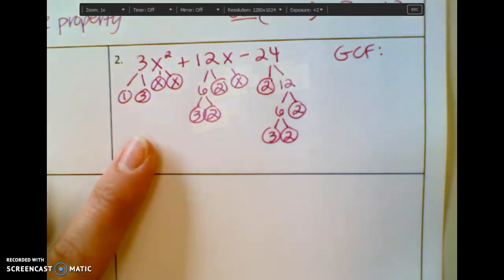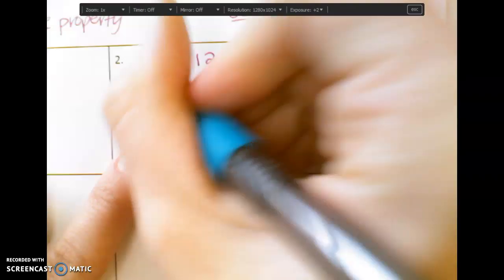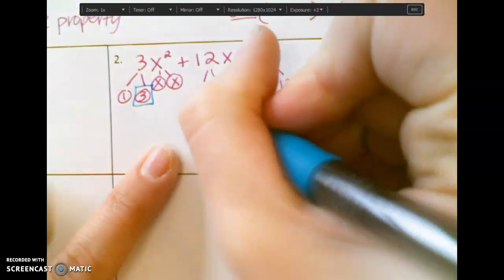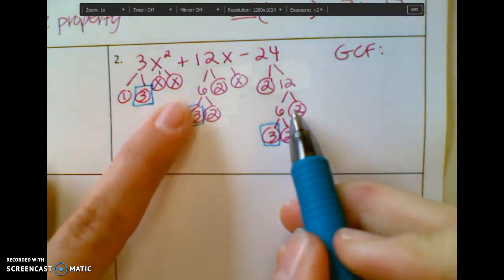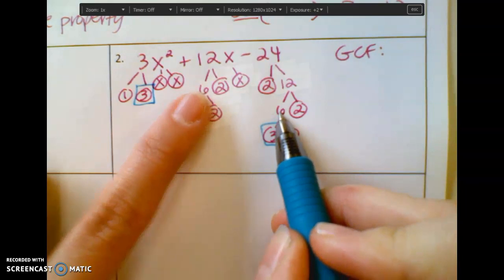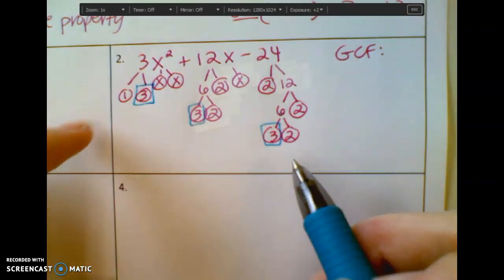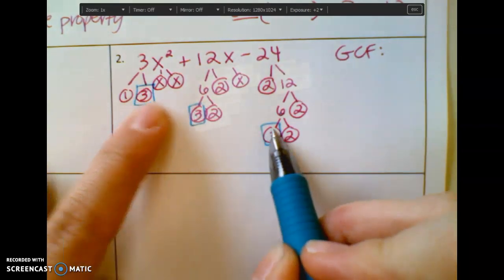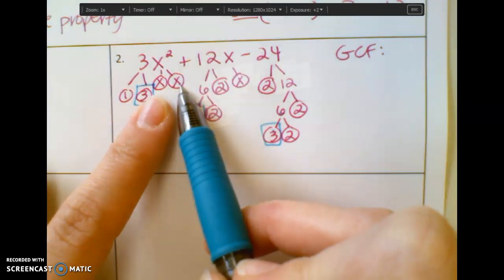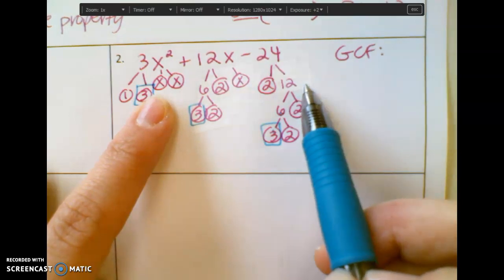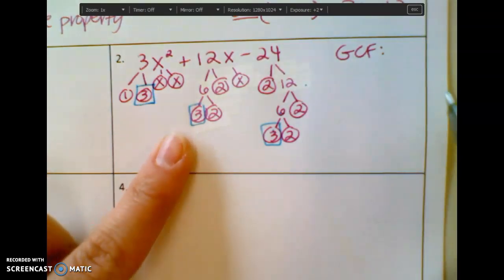For the GCF, I see that they all have a 3 in common. I see these have a 6 in common, but the 3 over here does not have a 6 as a factor, so we can't use that. 3 is actually the only number they all have. Now for this one we have 2 x's, here we have 1 x, here we have no x's. So they have no x's in common.